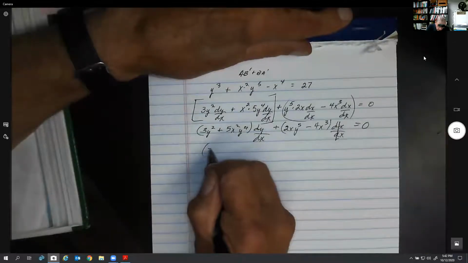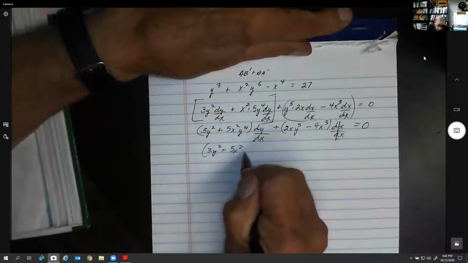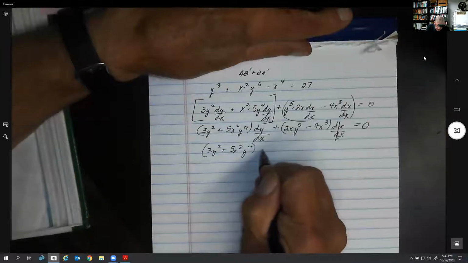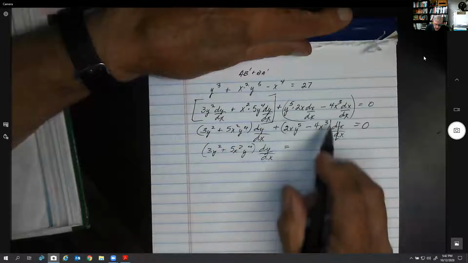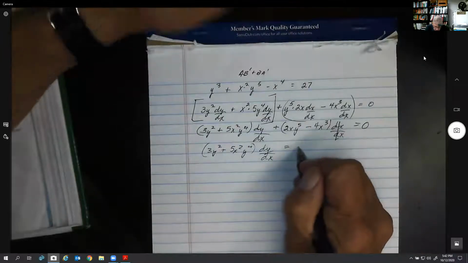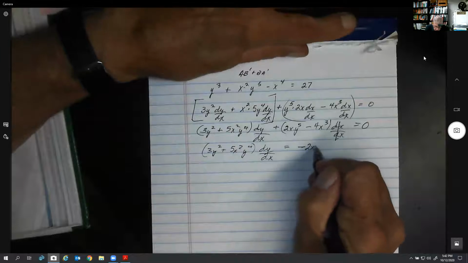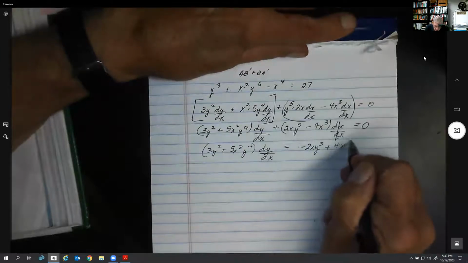So I'm going to have 3y squared plus 5x squared y to the fourth, times dy over dx, equals, and I'm going to just bring this over to the other side, and you're going to change signs. Negative 2xy to the fifth plus 4x cubed.